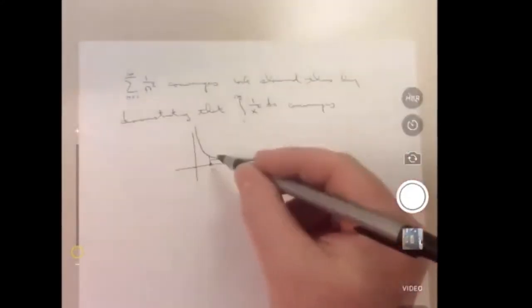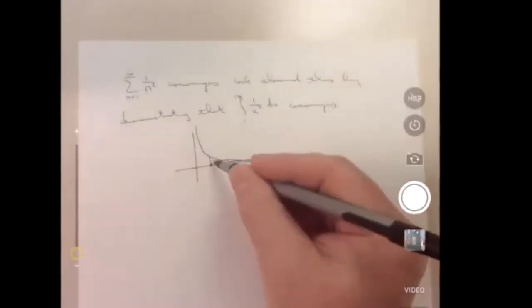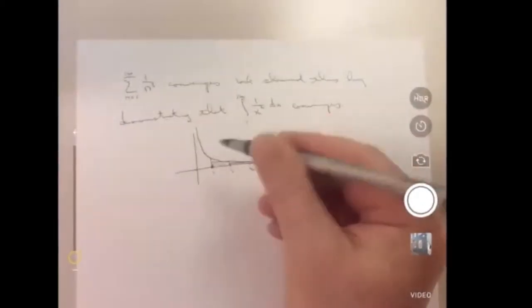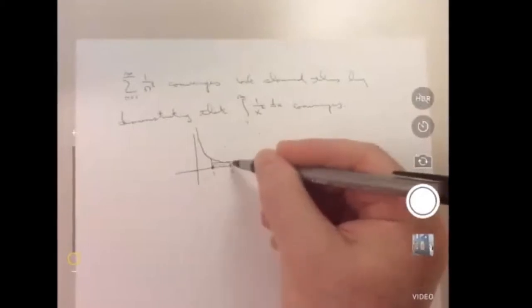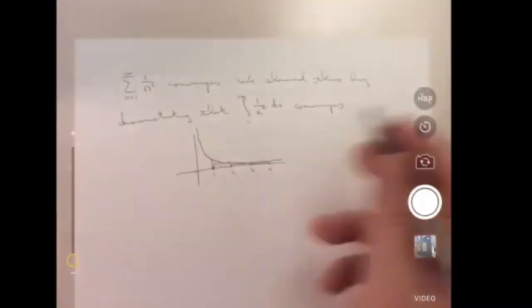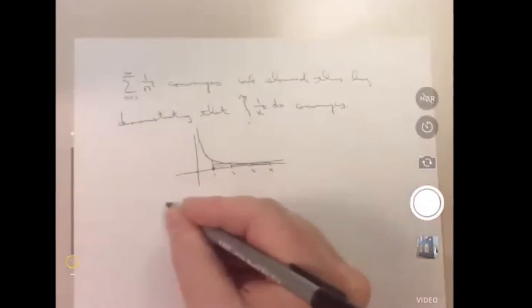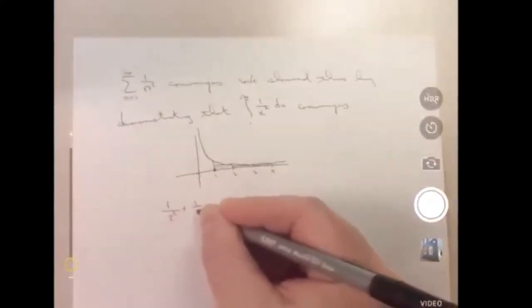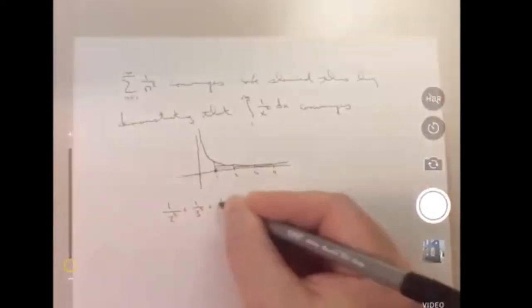It's pretty clear, I think, that this first rectangle that we drew has a height equal to the functional value at 2. And so the rectangle picture shows us 1 over 2 squared plus 1 over 3 squared plus 1 over 4 squared and so on.